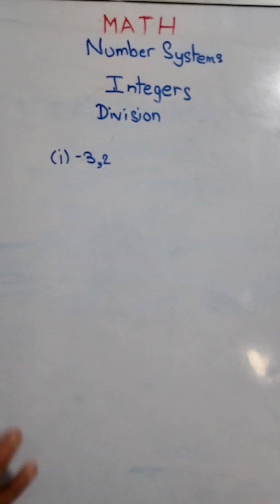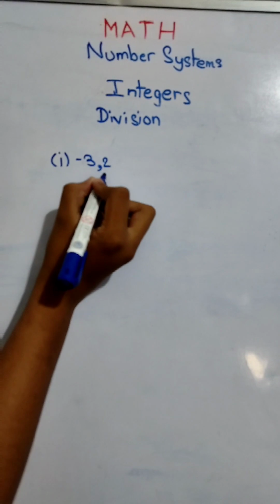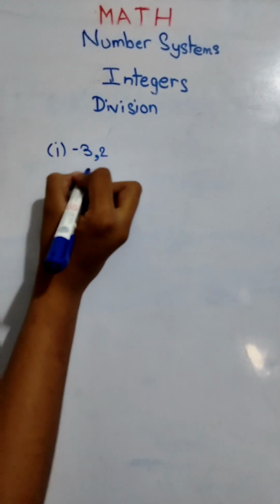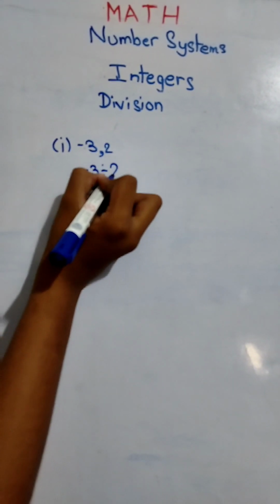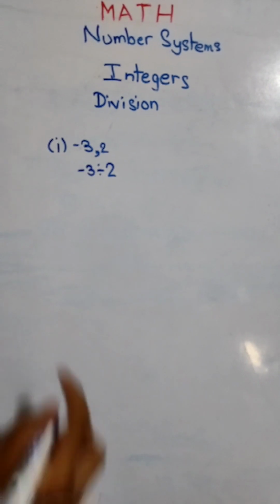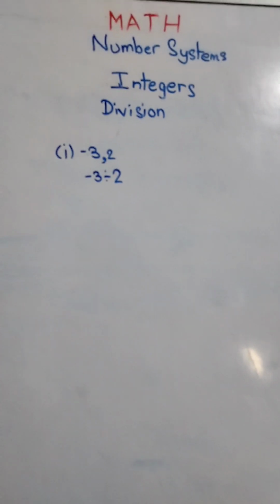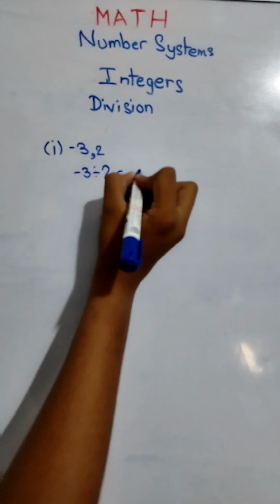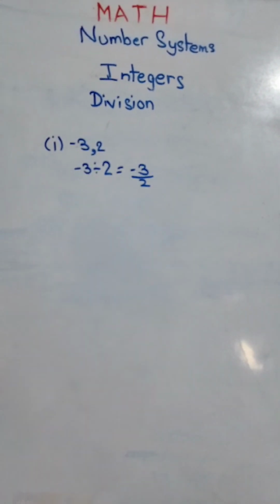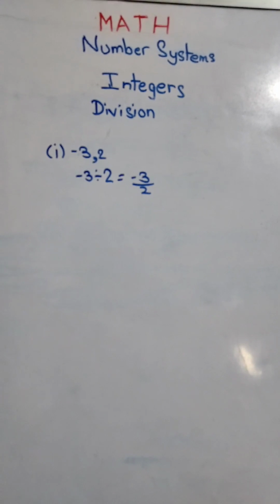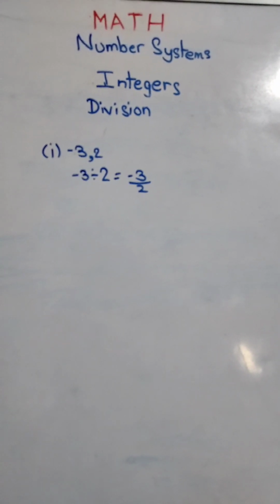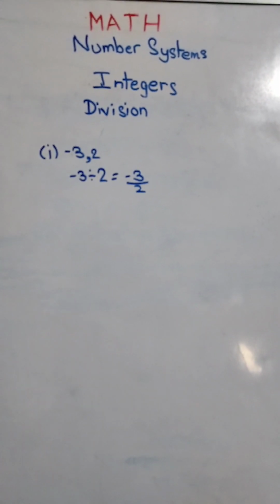Let's take the same examples to understand better. Minus 3, so to divide this we can write it in the same way, minus 3 by 2. But in this situation we cannot divide these two numbers, because even if we divide we'll get a fractional number, but as the fraction contains a negative sign, it is called a rational number.